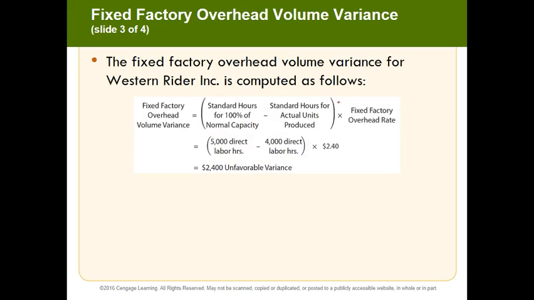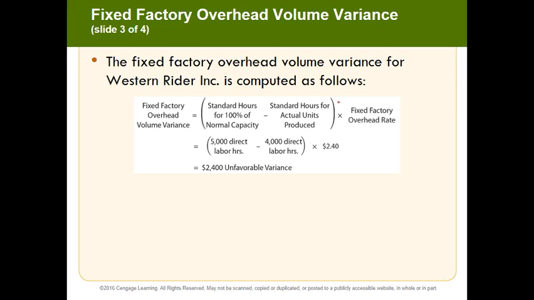So we compute it by taking standard hours for 100% of normal capacity. That is our 5,000 direct labor hours. And then we reduce that by the standard hours for the actual units that were produced. We reduce that by 4,000 because that is how many standard labor hours would occur for our actual production point.